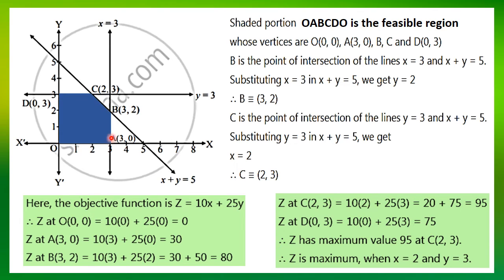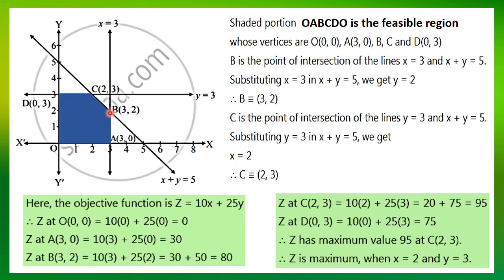That is, O, A, B, C, D, O is the feasible region whose vertices are O, the origin 0, 0, A 3, 0, and D on the y-axis, so its coordinates are 0, 3.